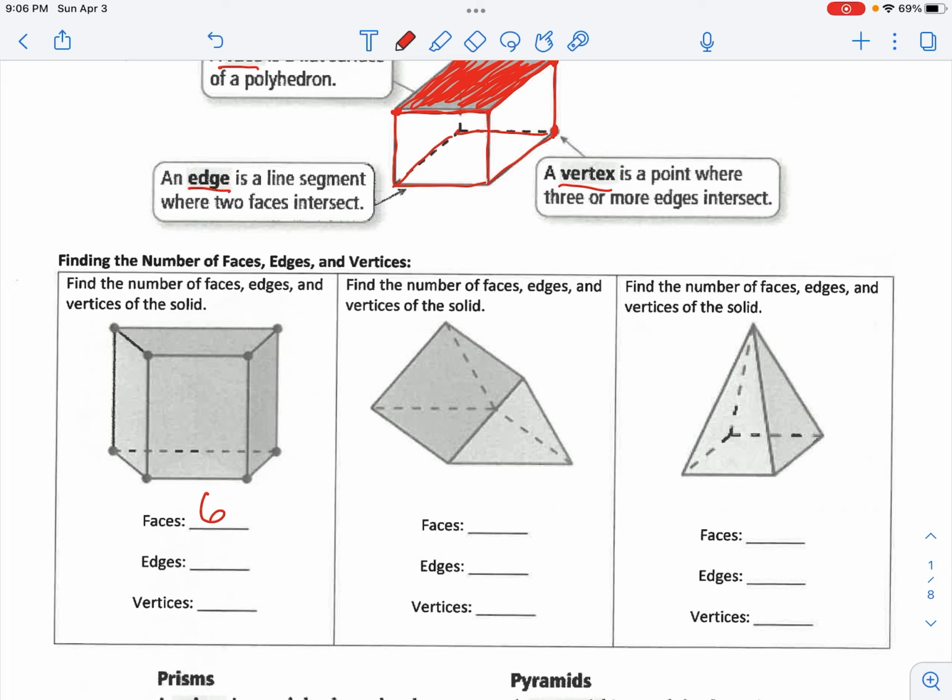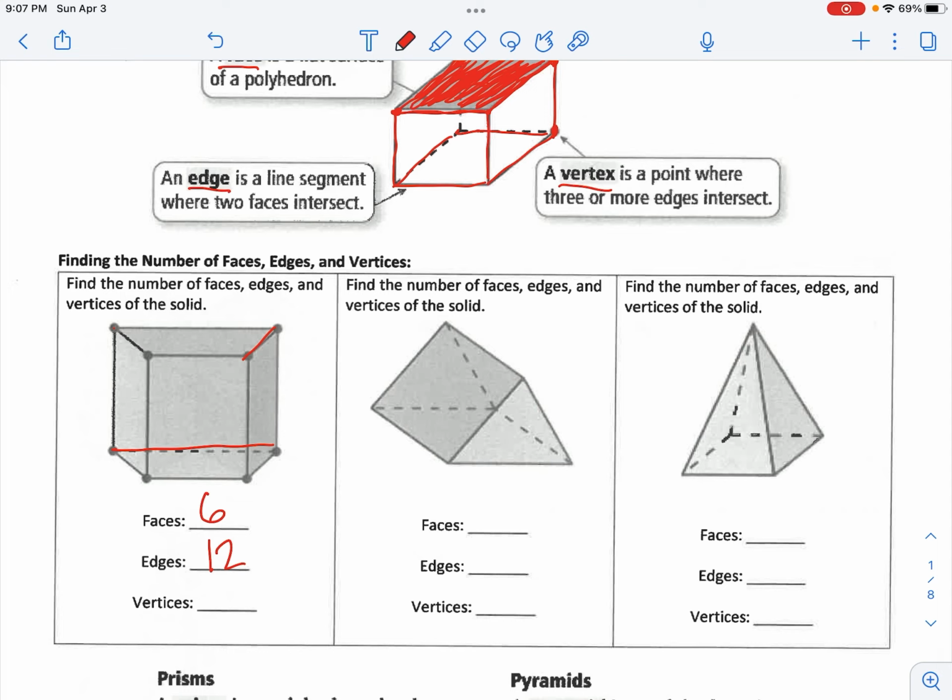Edges are going to be our lines. So that's 1, 2, 3, 4, 5, 6, 7, 8, 9, 10, 11, and 12. So there's 12 edges. Now notice there is a line here that is dotted, and that means it's a line there, but it's hidden.